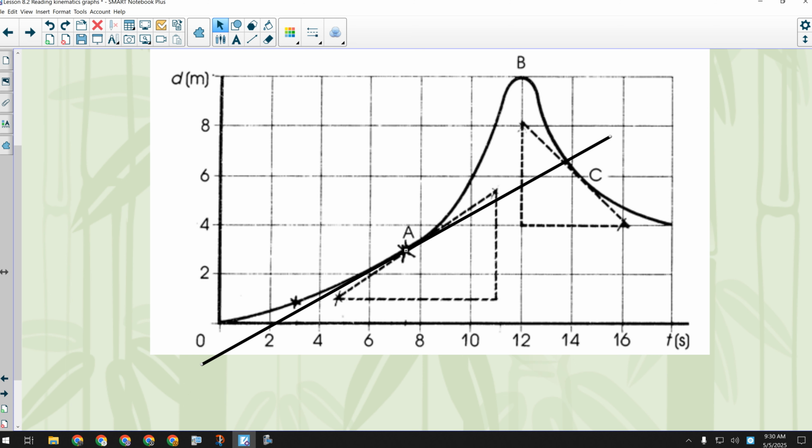Now if we're looking at this graph, we said the first part, the object is accelerating. What is it doing here? Decelerating, because the line's getting flatter, right? And we know once it gets to flat, it's stopped. So how fast is the object going right there?